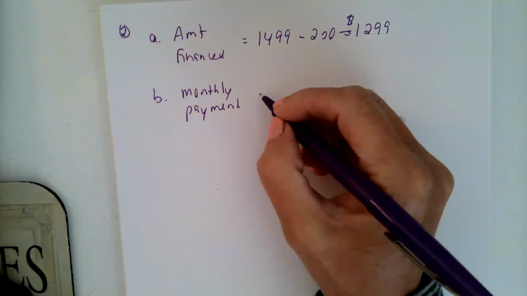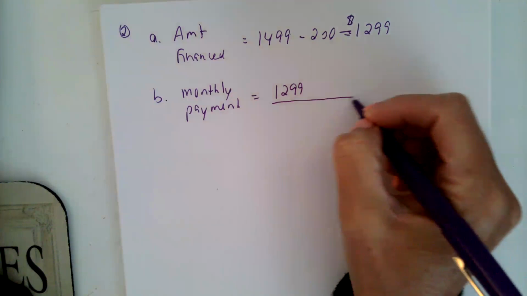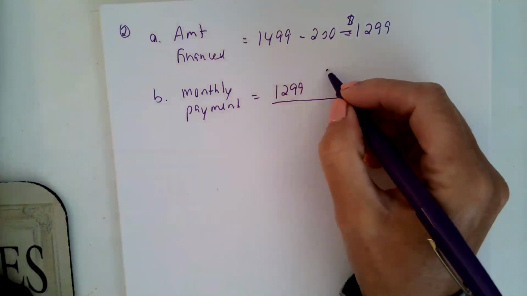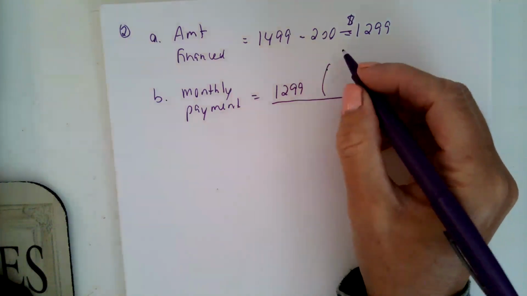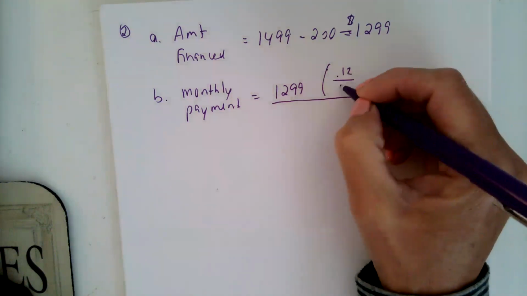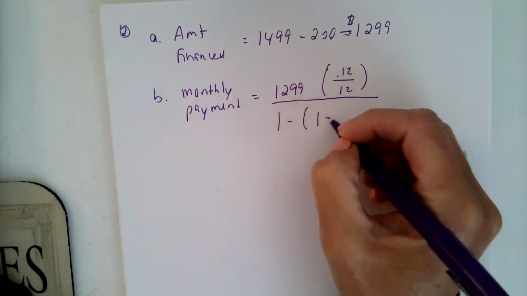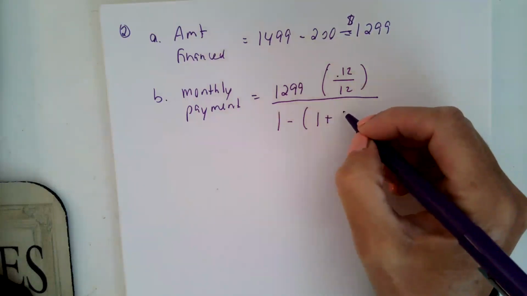So we are going to have the amount we're borrowing, which is $1,299 because we put a $200 down payment. And then our rate is 0.12 divided by 12. And then 1 minus 1 plus, make sure your parentheses are in the right spot.